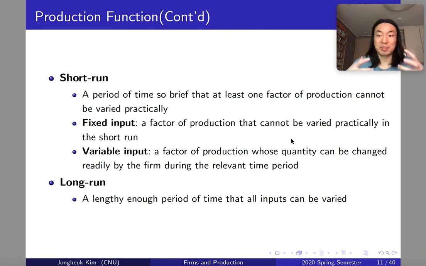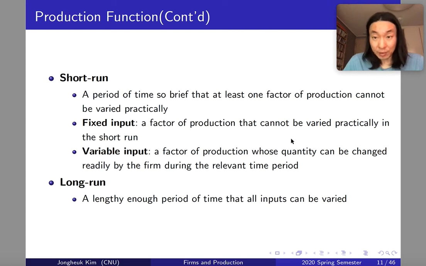So it is just a fixed constant number, because we define a function as the combination of numbers, right? The output of the production function will be given by a specific number, like 100 or 1,000. Also, the inputs, labor and capital, will be given by numbers, 100 or 1,000 or something. So a fixed input means that it is not a variable.